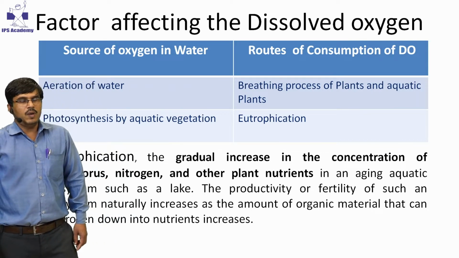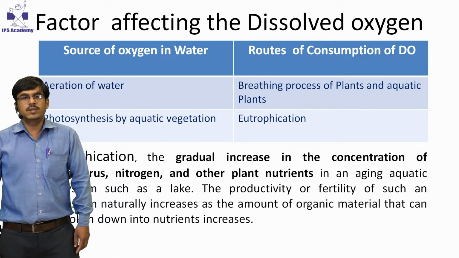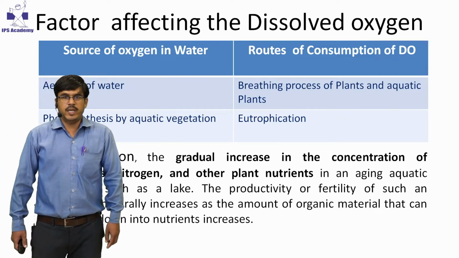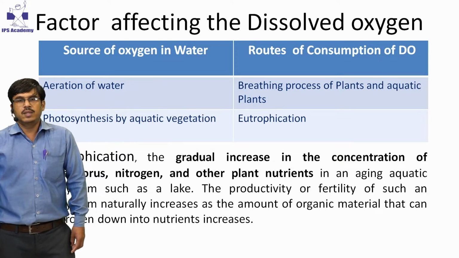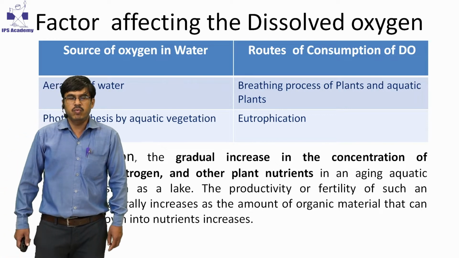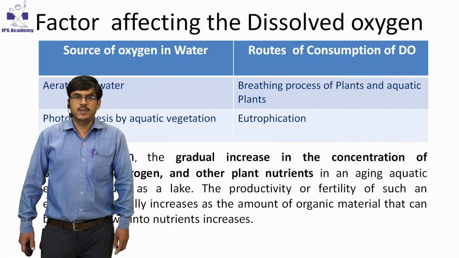As we know, all types of organisms use oxygen in their respiration. Plants as well as fishes and other animals found in water use oxygen, which results in a decrease in DO in water. Another factor that will affect the quantity of dissolved oxygen is eutrophication.